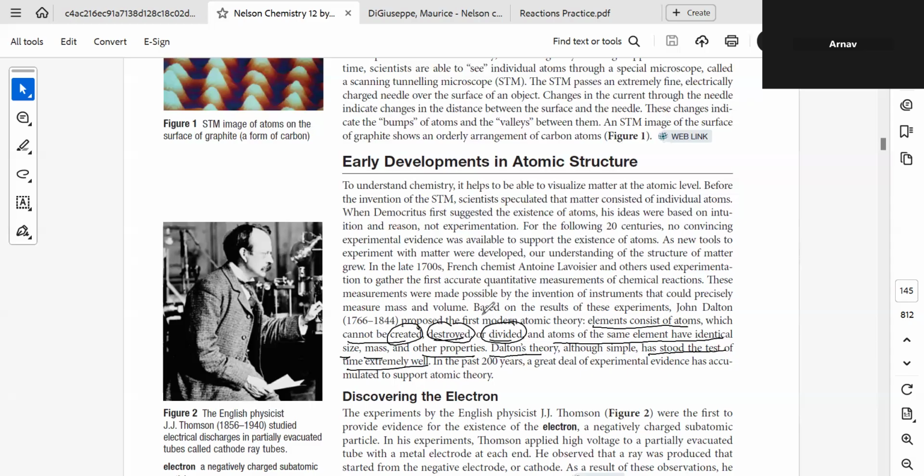You have heard about Einstein's famous equation, E is equal to mc square, right? Basically, what he is saying is that if mass is destroyed, it can be converted into energy, and energy can be converted into mass.